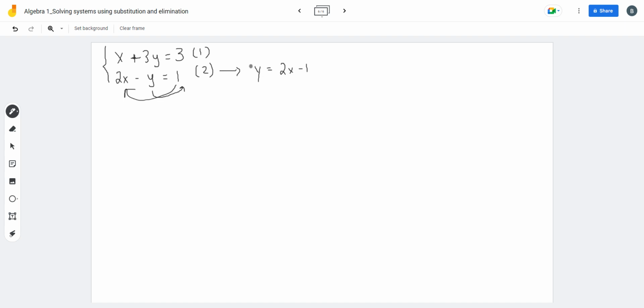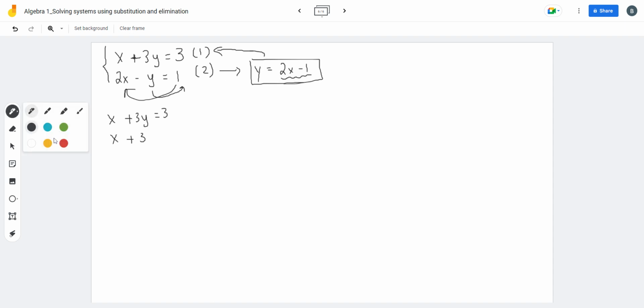Okay, so then you're going to substitute y equal to 2x minus 1 into the first equation, right? So then you have x plus 3y equal to 3, x plus 3, and again y is actually a polynomial, right? So remember that you have to put the bracket, 3 times bracket y.